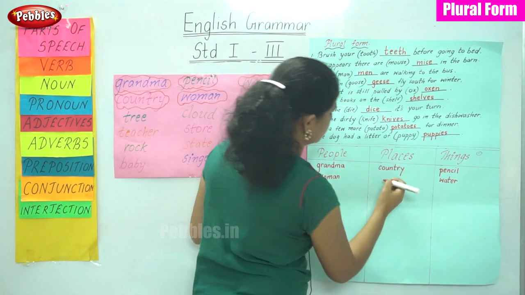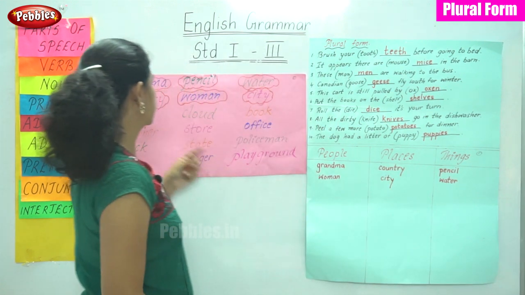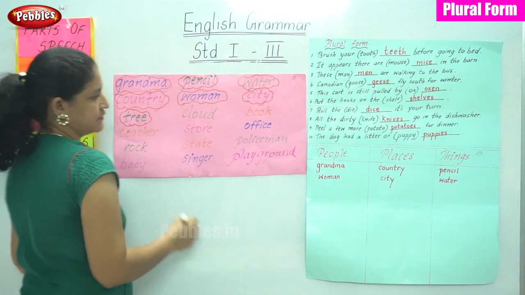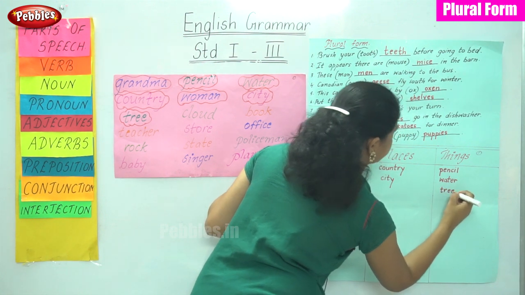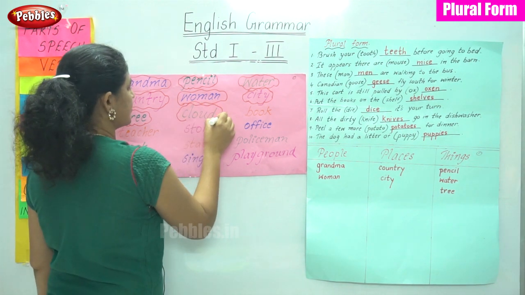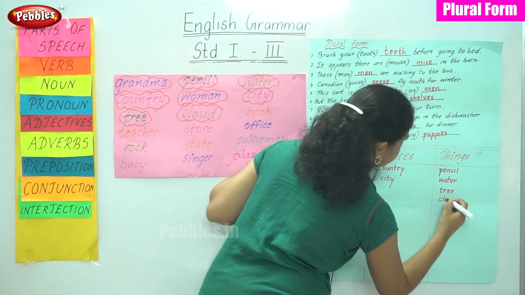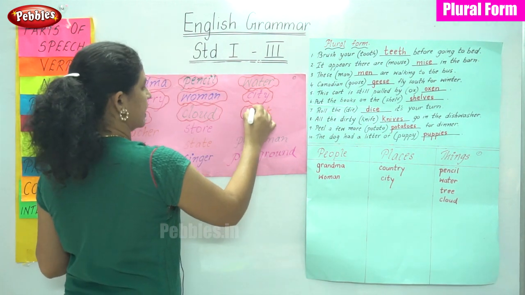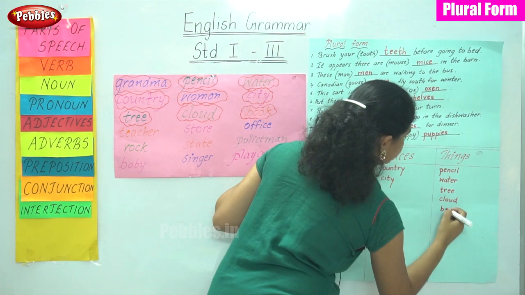It's a common noun, so it comes under places. The next word is tree. Tree is the name of a thing, so I write it under things. The next is cloud. Cloud again is the name of a thing, so I write it under things. The next is book. Again, book is the name of a thing, so I write it under things.